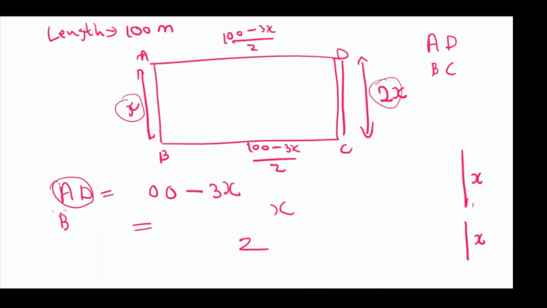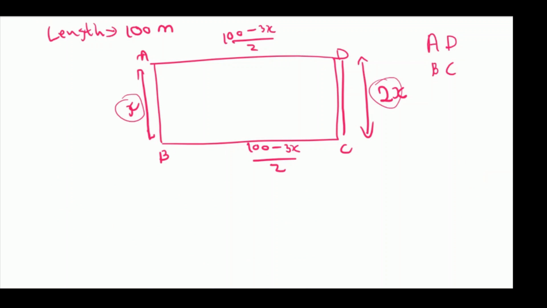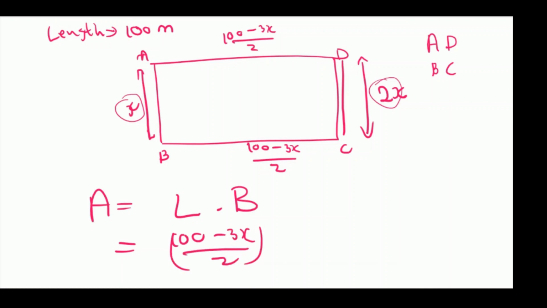So now we need to find the area of this shape here. Our area is equal to length times breadth. So what is our length? Our length is 100 minus 3x divided by 2, multiplied by our breadth, which is this portion here of x, so it's going to be multiplied by x, right?